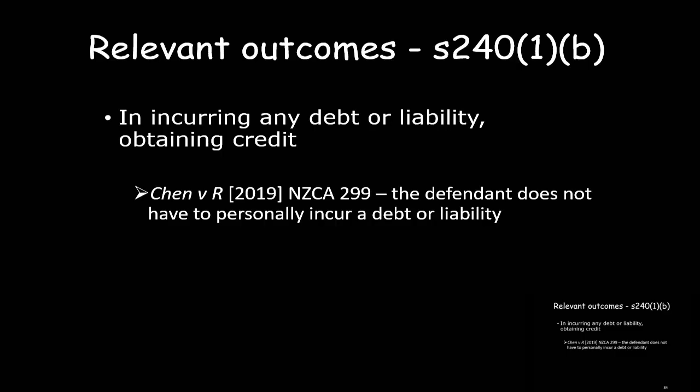So if you're obtaining credit, it's got to be fresh credit. But it doesn't even necessarily have to be for you. So under Chen, they said it doesn't even have to be for the benefit or provided to the defendant. It's sufficient if it's created or credited for a third person.